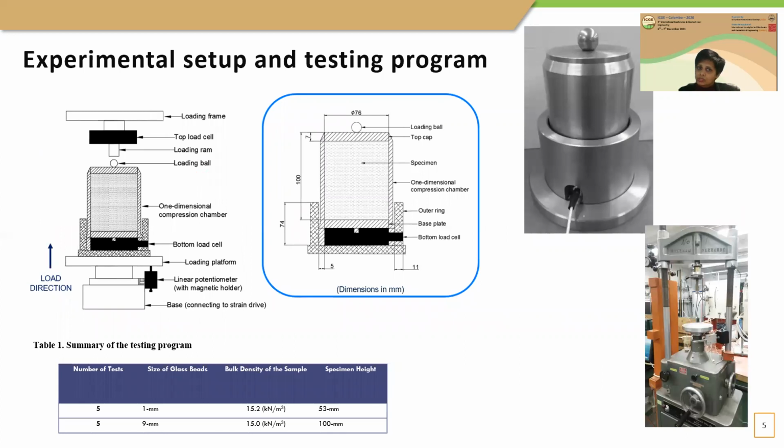So our approach was very simple. We designed a simple one-dimensional compression testing setup, and we used glass beads as our material. Because of the shape of the glass beads, spherical with known parameters, it was easy for us to re-simulate them numerically.